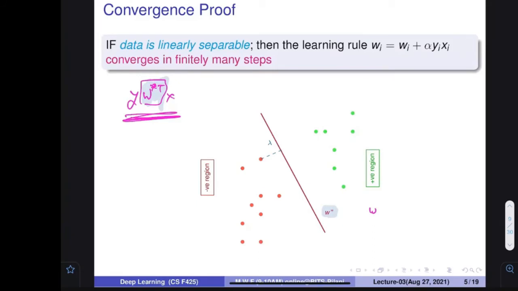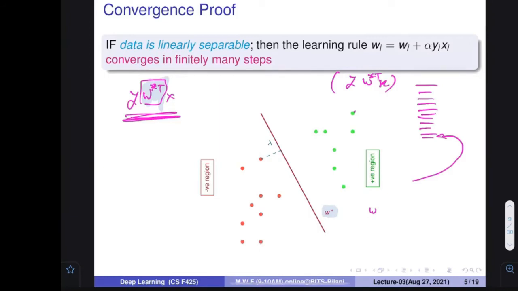So for every data point I am going to write the value of y w star transpose x. One of them would have the minimum value, because among many positive values there would be at least one minimum. Maybe two values or ten values may be the same, but at least I can find one value that is a minimum.